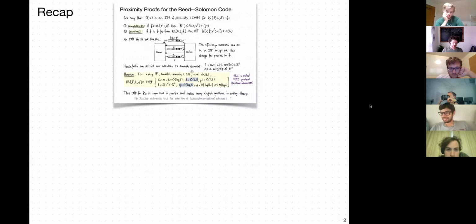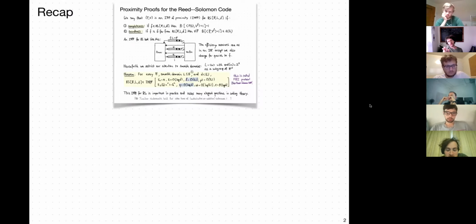So first of all, we had a problem that we tried to solve. Can we take the Reed-Solomon code, the set of all univariate polynomials of low degree, and get a good test for it? By that I mean, suppose that I'm getting a function f, and I can make queries to that function, to the truth table of this function.